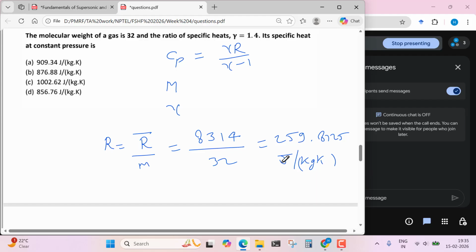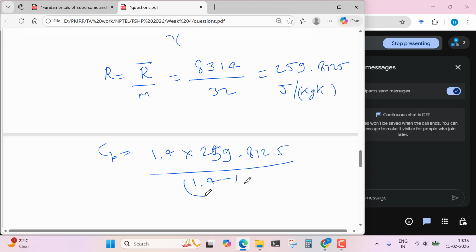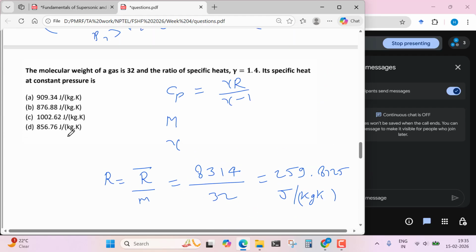So this is the value for R. So Cp will be given by gamma into R upon gamma minus 1. If we substitute the values in the calculator, you will get 909.34 joule per kg Kelvin. So that option is the correct one.